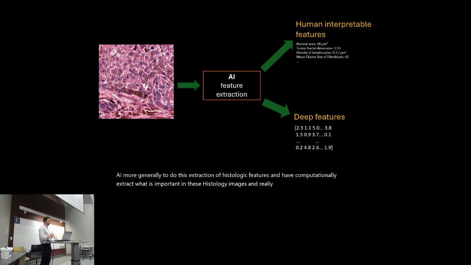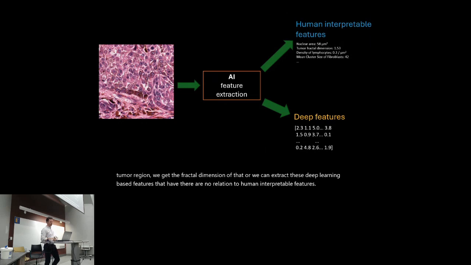There have been two main paradigms to do this computationally. We can extract human interpretable features, that might be something like the average nuclear area of the tumor cells, or maybe we extract the tumor region and get the fractal dimension of that. Or we can extract deep learning-based features that bear no relation to human interpretable features.